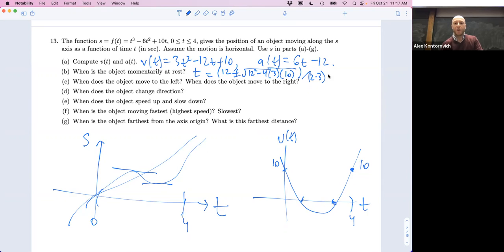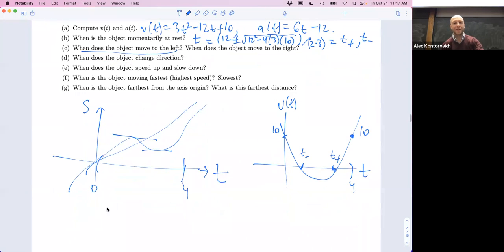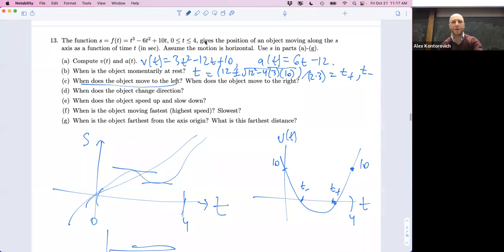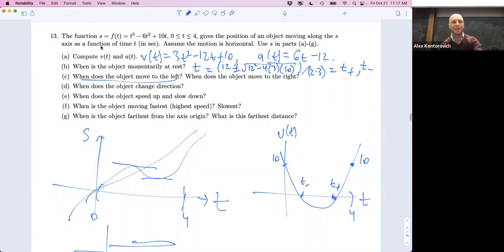Okay, so if we call these values t plus and t minus, so that I don't have to write them out again, this is t minus, this is t plus, the one with the plus sign, the one with the minus sign. Then when does the object move to the left? To the left, I've sort of written it as up and down. So really we're thinking of the object as position s, the function moving along the s axis as a function of time.